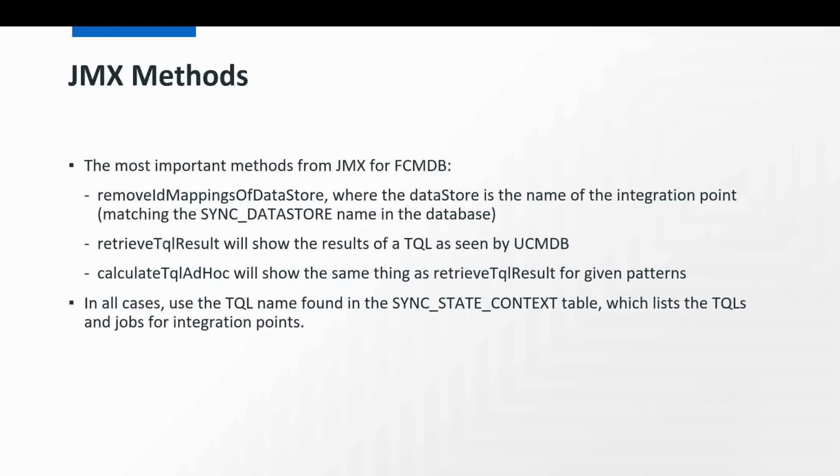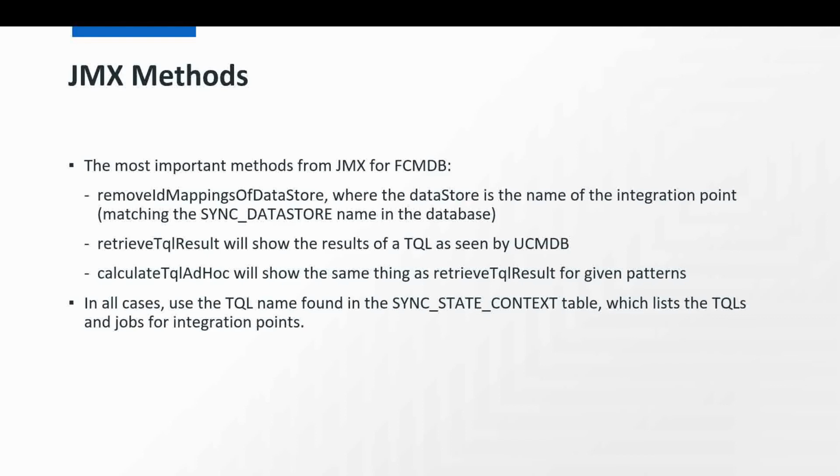The most important methods from the JMX: remove ID mappings of data store, where the data store is the actual name of the integration point and it matches the sync_data store name in the database. You would need to do that if, for example, you modify the TQL. Then we need to remove the ID mappings of the data store so that the data that we're pushing is a known set of data.